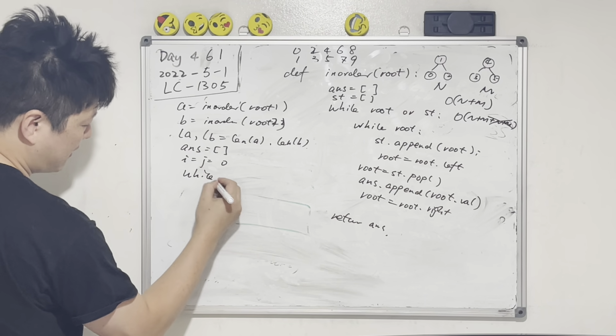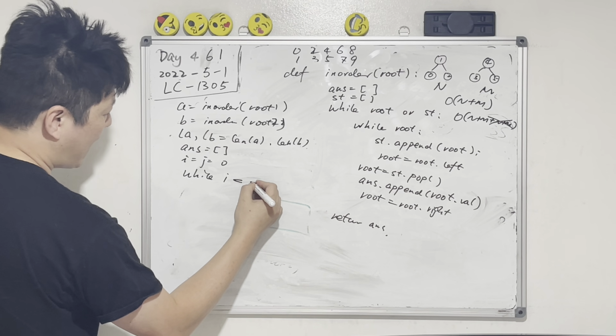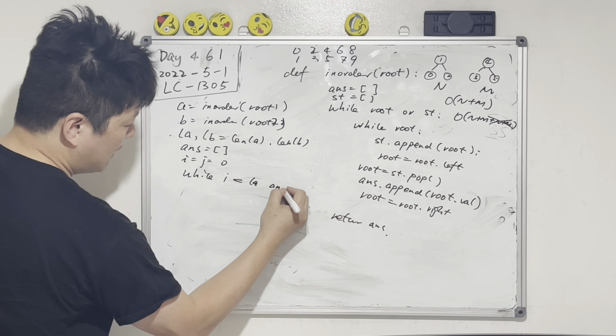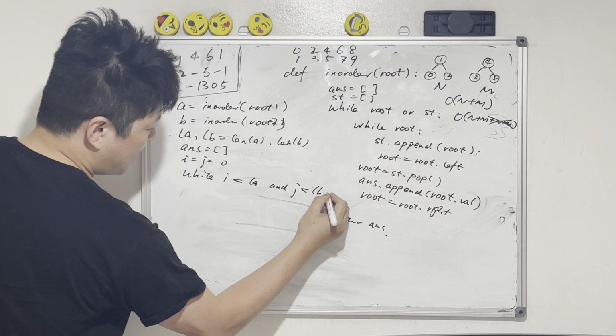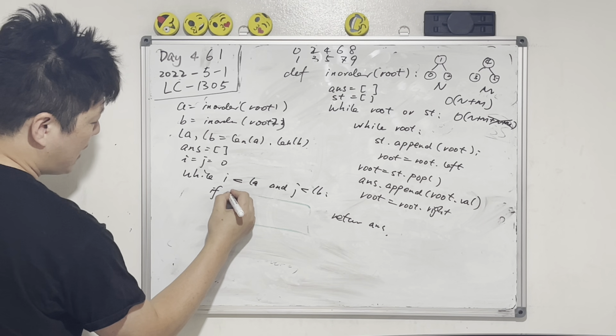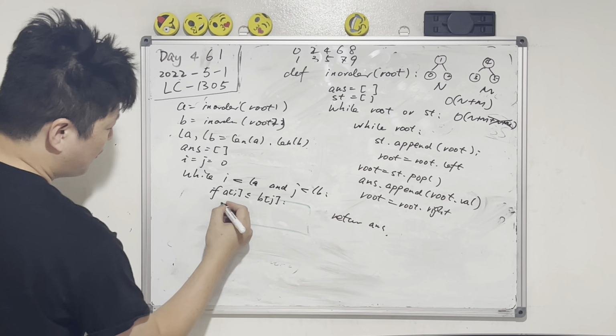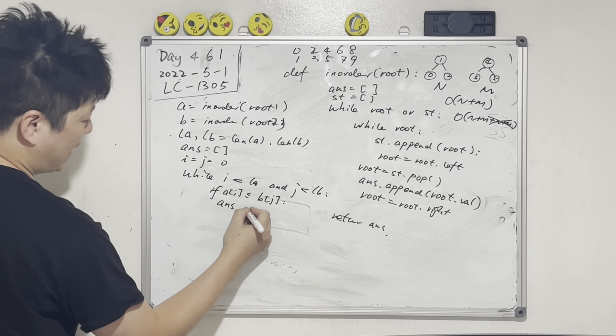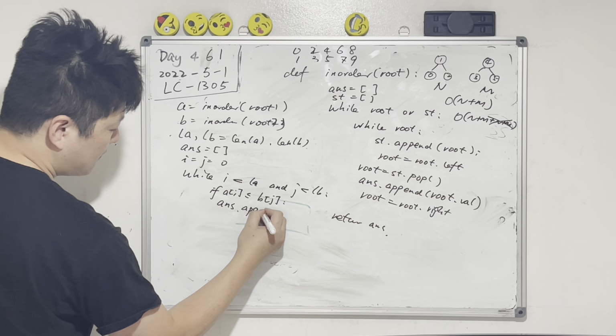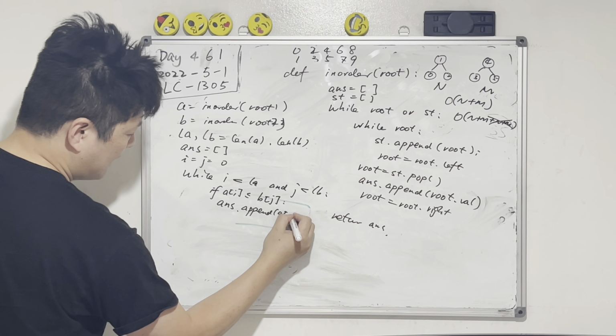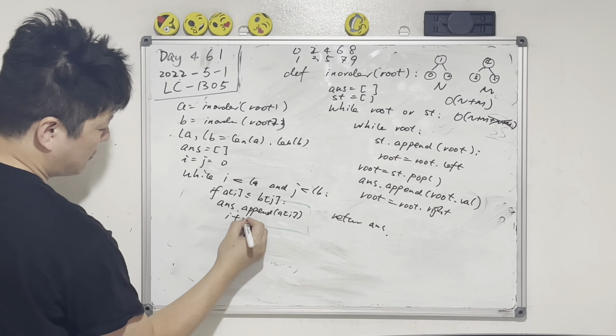I'm going to quickly write the merge. While i is smaller than LA and j is smaller than LB, we check if A[i] is smaller than or equal to B[j]. Then we take the smaller one: answer.append(A[i]), and move the pointer, i plus equals 1.